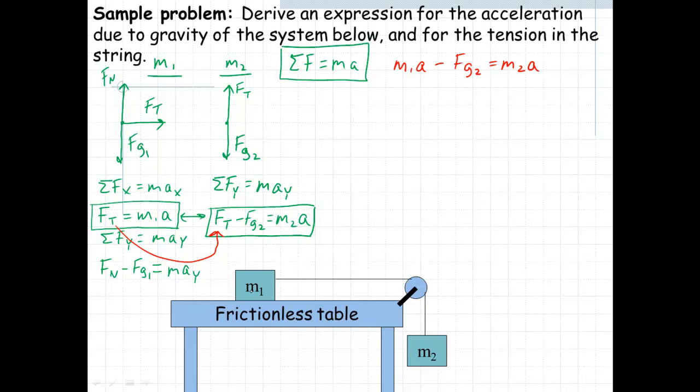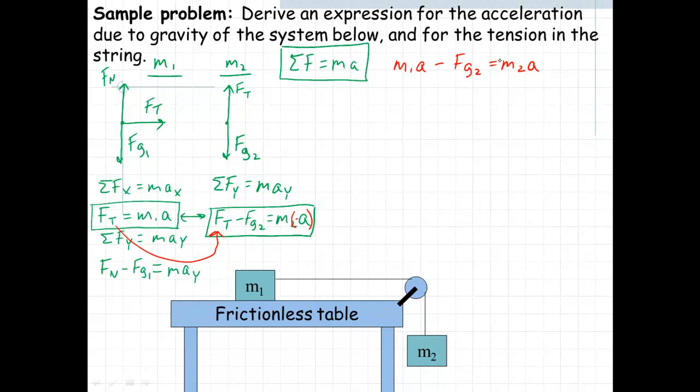These two objects are going to experience similar accelerations. One of the things I also have to do is go back and notice that I left something out. In this equation, the acceleration is pointed downward. So I want to put a negative sign there, M2 times negative A, because this acceleration for M2 is downward.